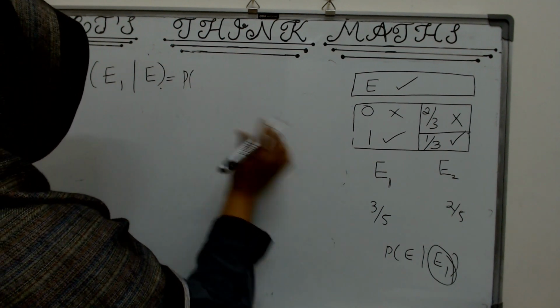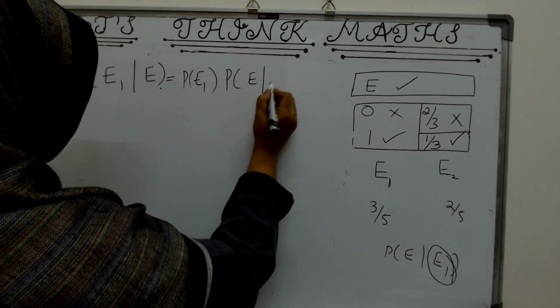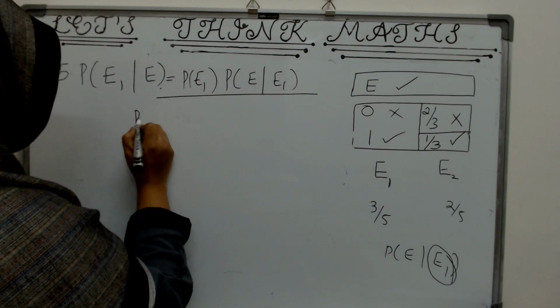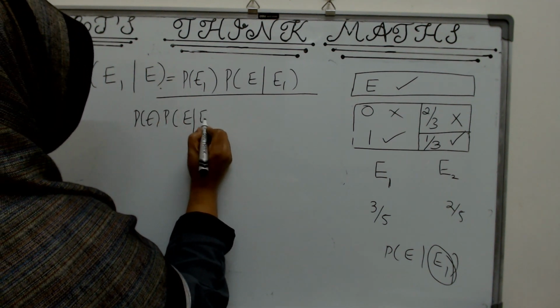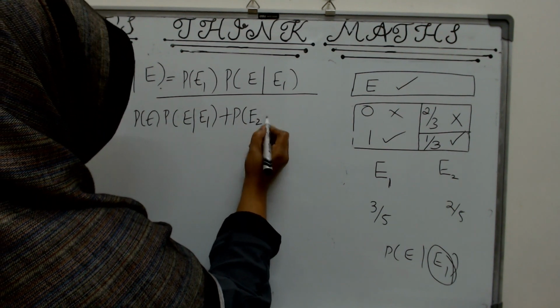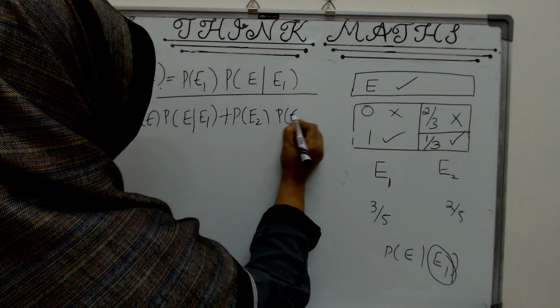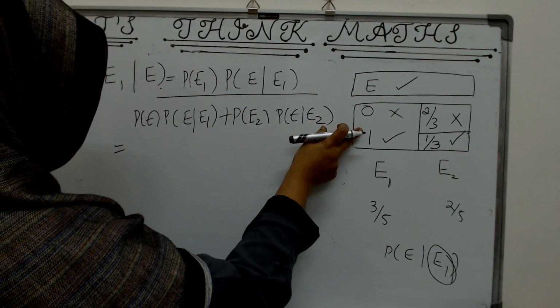So what is the answer? The probability of E1 into the probability of E falling in E1. The same term gets repeated in the denominator but it comes with one more term. What is that one more term? It is the probability of E2 and E falling in E2. That would be 3 by 5 into 1.